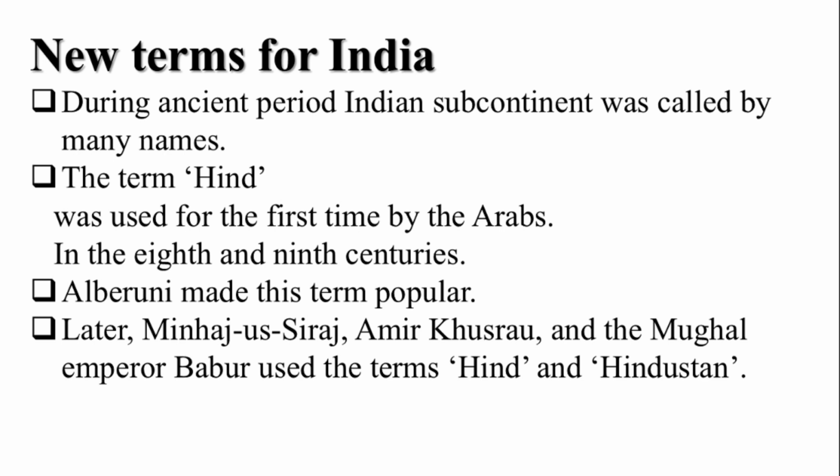Foreigners who came to India used different terms to denote it. One of the terms used by the Arabs was Hind, in the 8th and 9th centuries, whereas Al-Biruni made this term very popular.